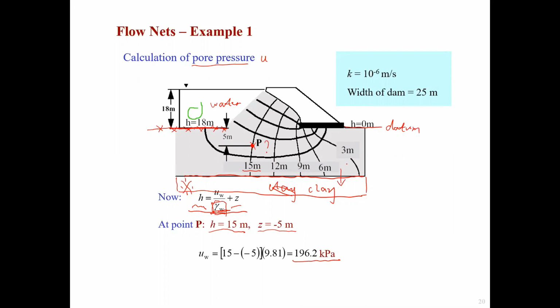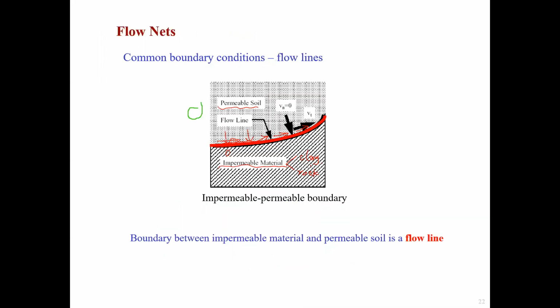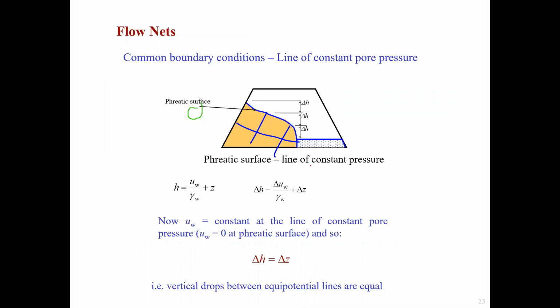It can't be perpendicular to this line because it's an impermeable layer underneath. So the interface between the permeable and impermeable layer, the boundary will be a flow line. So those are two important conclusions we can refer to when we draw the flow nets.